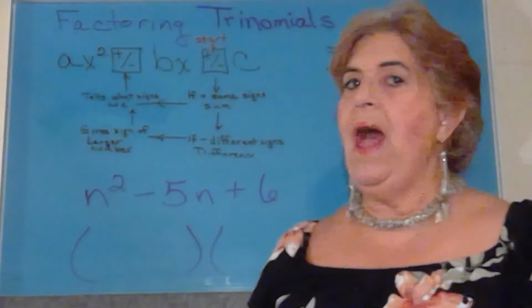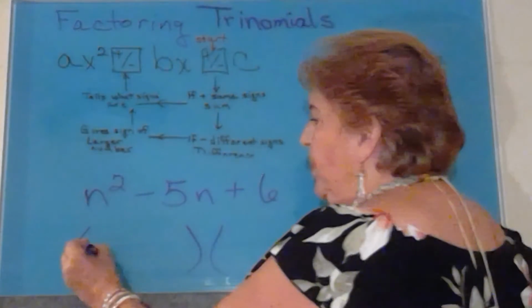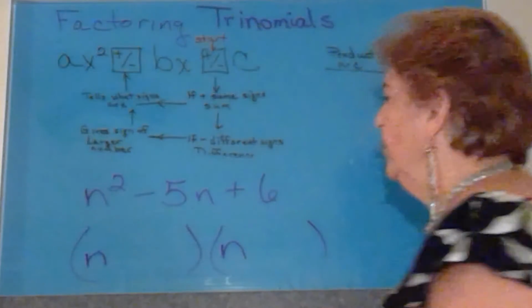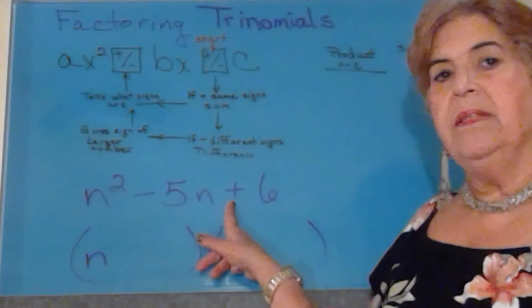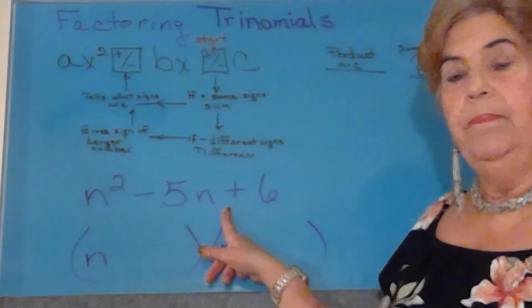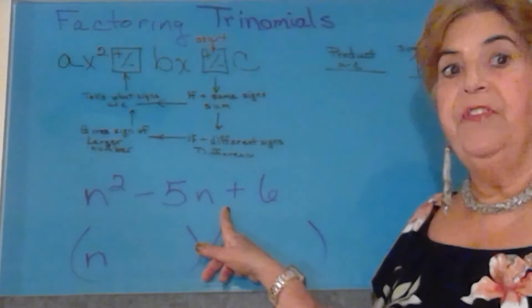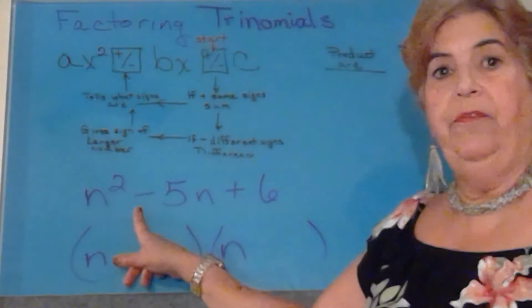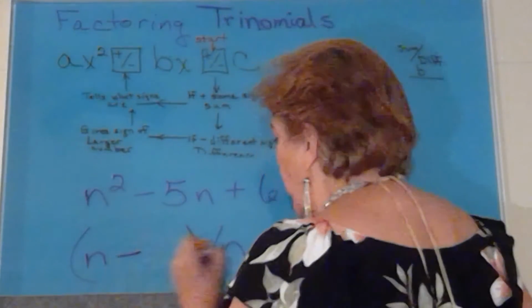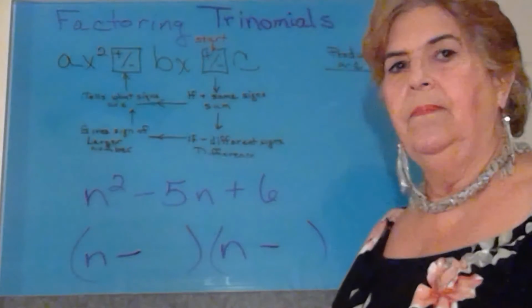However, you do have to be careful with this because you have an n here and an n here. This is positive. That means my signs are going to be the same. Remember, if the signs are the same, you go over here to figure out what they are. That's a minus, so I know that both signs are going to be minuses.